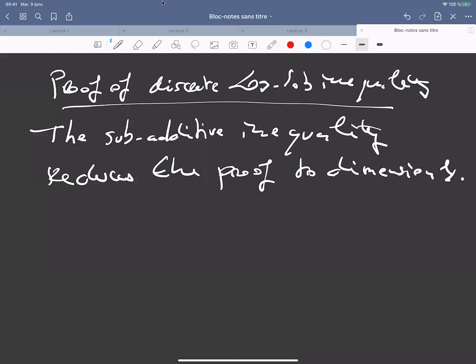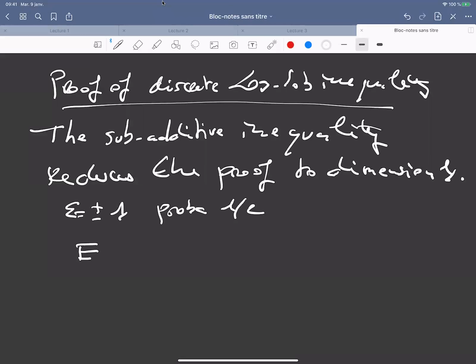So we just have to show now that for a random sign, so we are in dimension 1. In dimension 1, this means that we have a random sign, which equals +1 or -1 with probability 1/2.